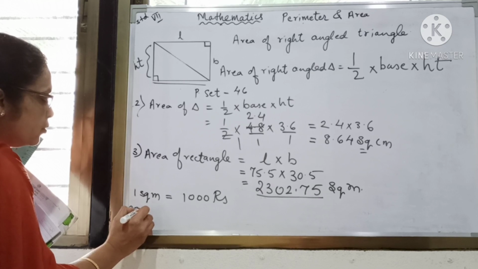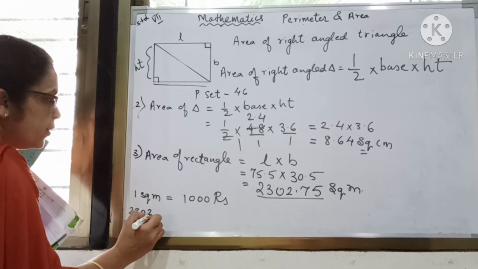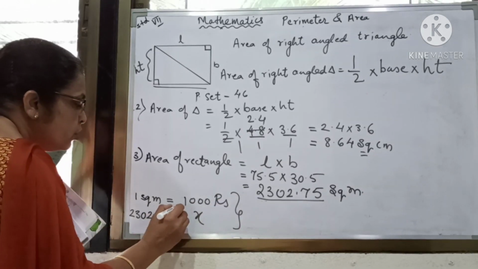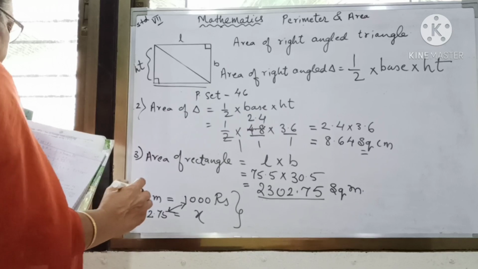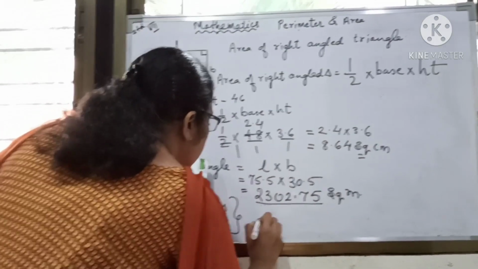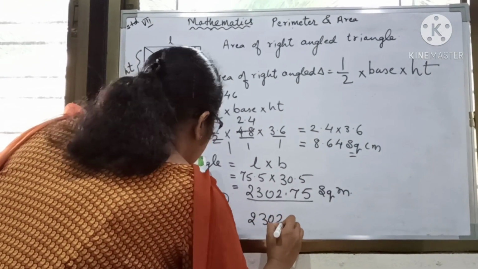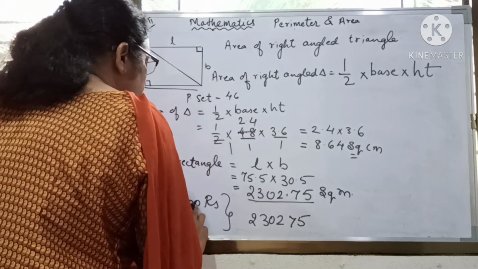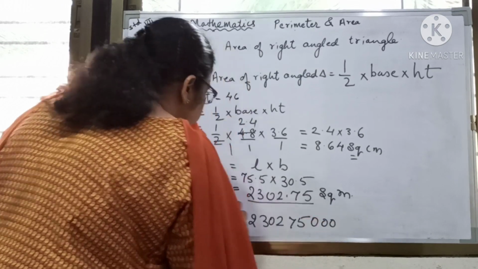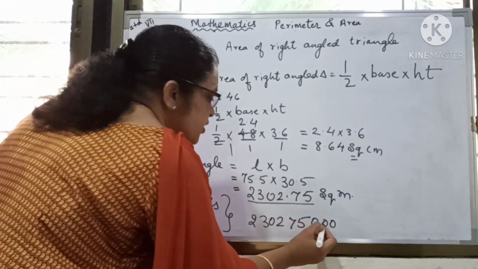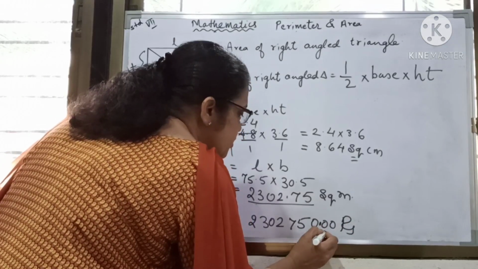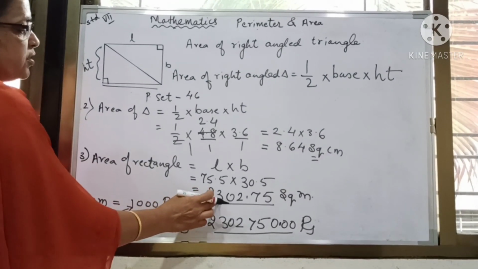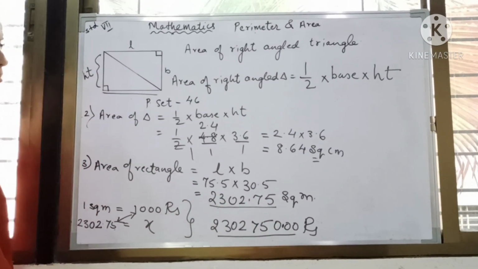For 2302.75 square meter, what will be the cost? So you will do multiplication. After multiplication, you get the answer. After this number, you are having 3 zeros. Decimal point, you count 1 and 2 places. So these many rupees will be the cost for 2302.75 square meter.